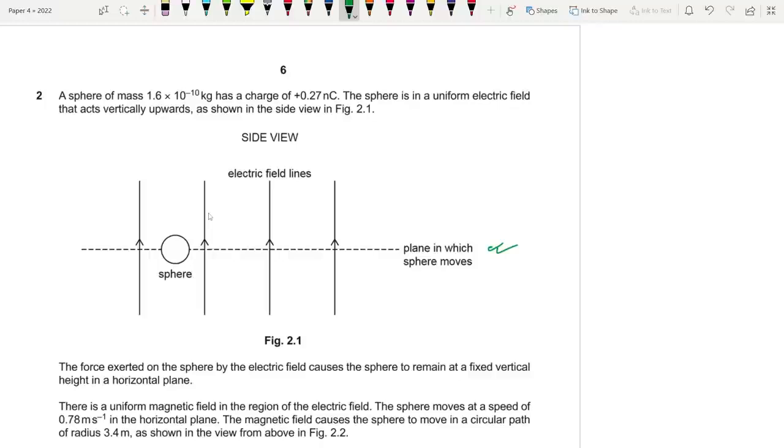It's basically rotating on this horizontal plane. We can't change this plane of motion. We aren't going up, down, left, or right. We're rotating clockwise or anti-clockwise on this plane if we're viewing it from the side.